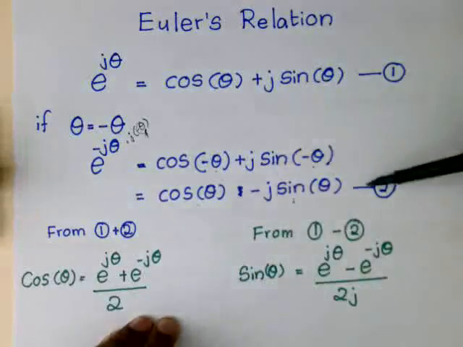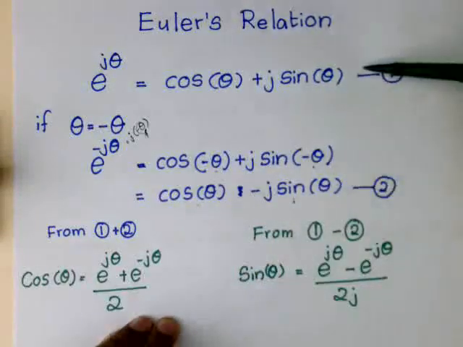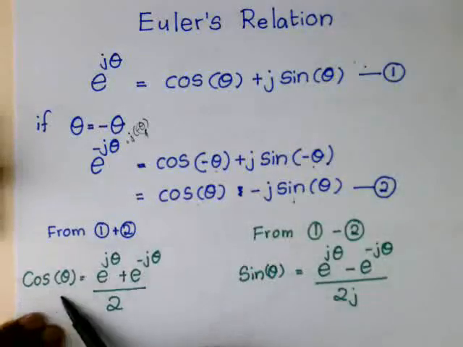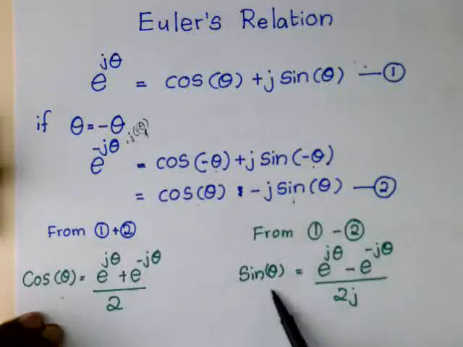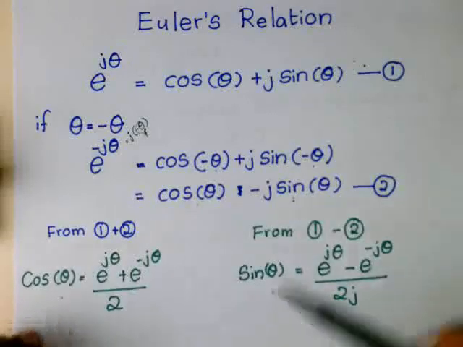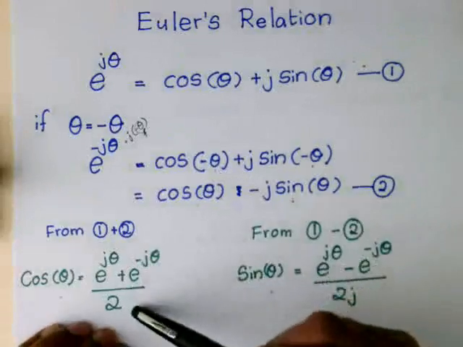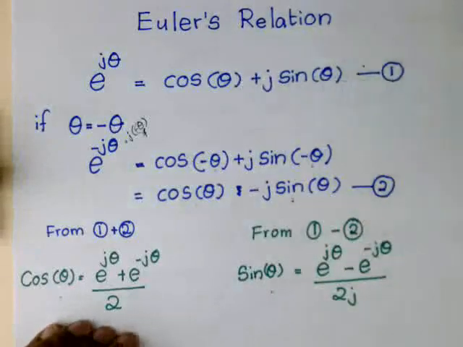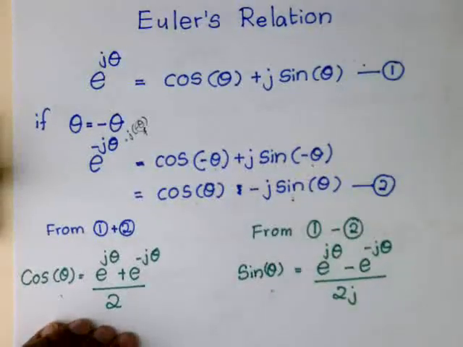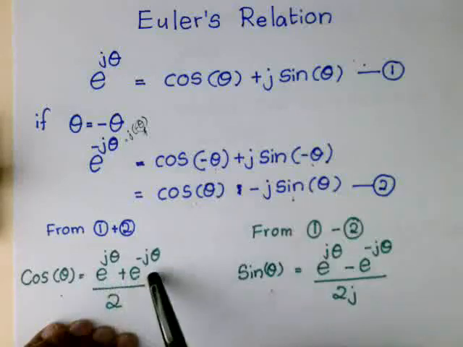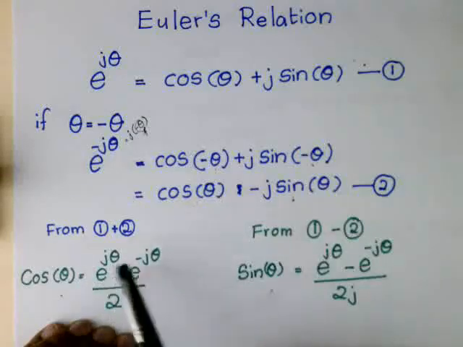Now, using these two relationships, we can come up with an expression for cosine theta and sine theta. What we're trying to show in this case is that cosine and sine, the signals that we said are basic signals in signal processing, can be further broken down into two frequency components.